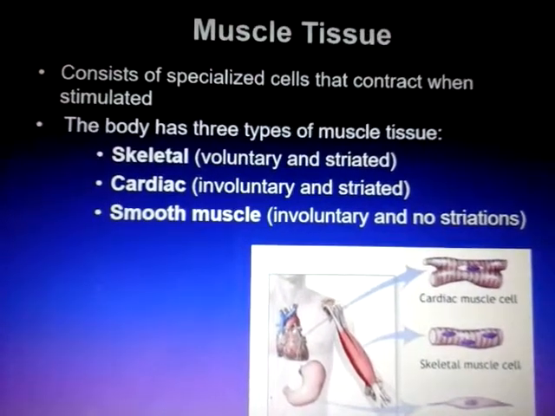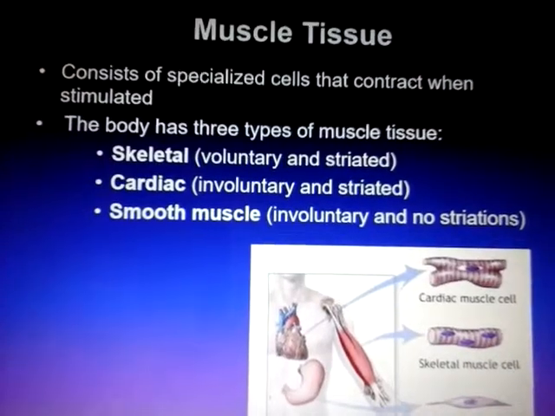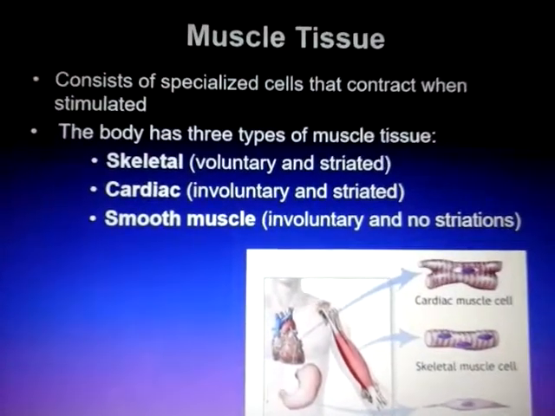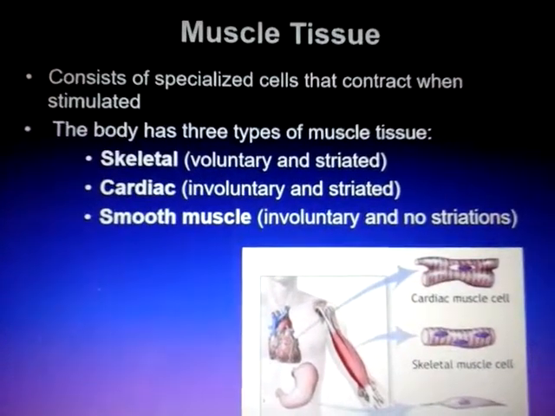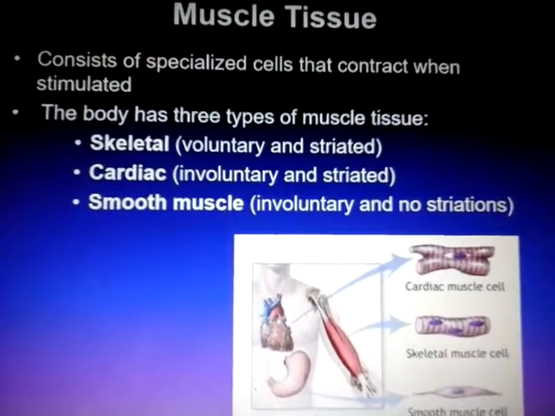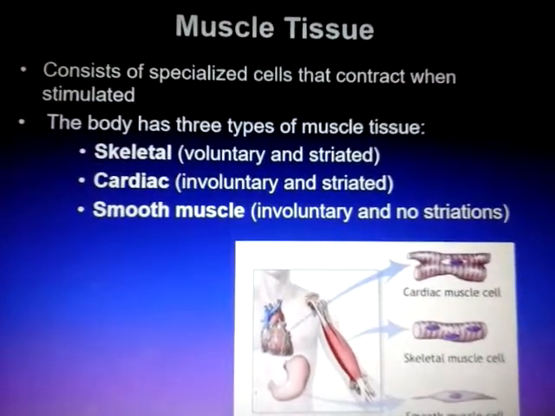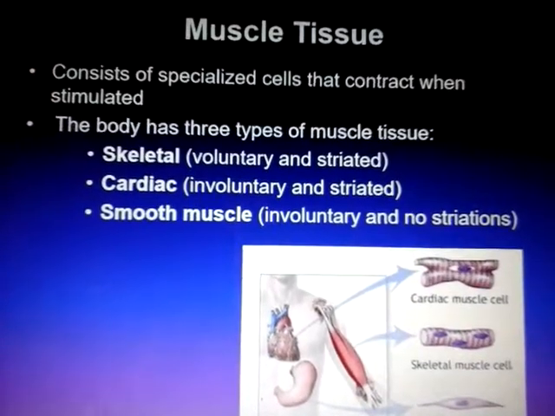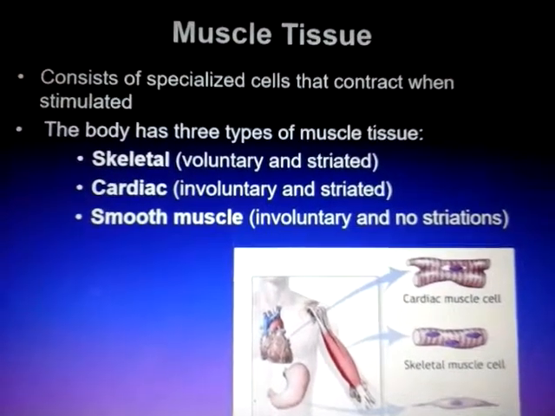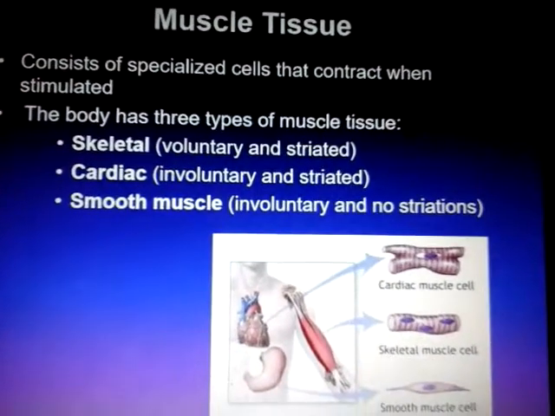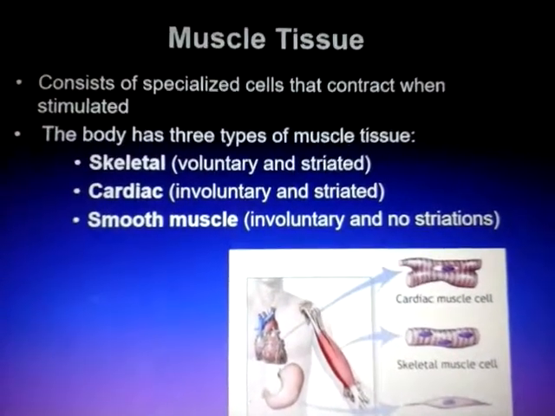So cardiac muscle would be in your heart, but smooth muscle would be in your blood vessels. Your heart beats, your blood vessels pulse. And all smooth muscle pulses, because most smooth muscle is found in organs that are hollow, so you're having to push things through. So when we talk about smooth muscle, you're often going to see the word peristalsis.